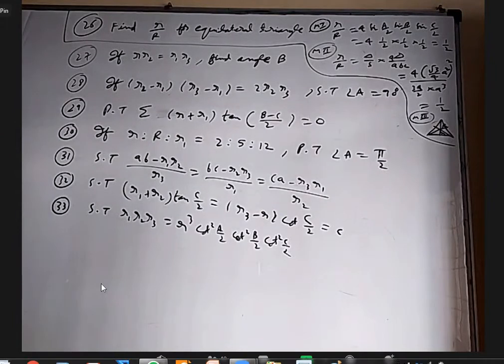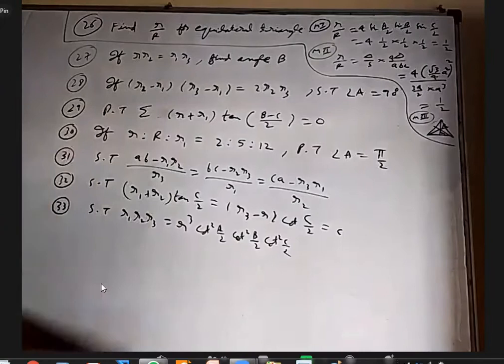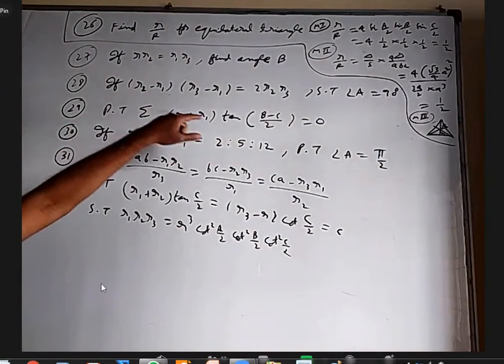Now, based on the present formulas, we can try to do it if you want. Even 28, if you feel delta by S minus B, those formulas are better, use it.